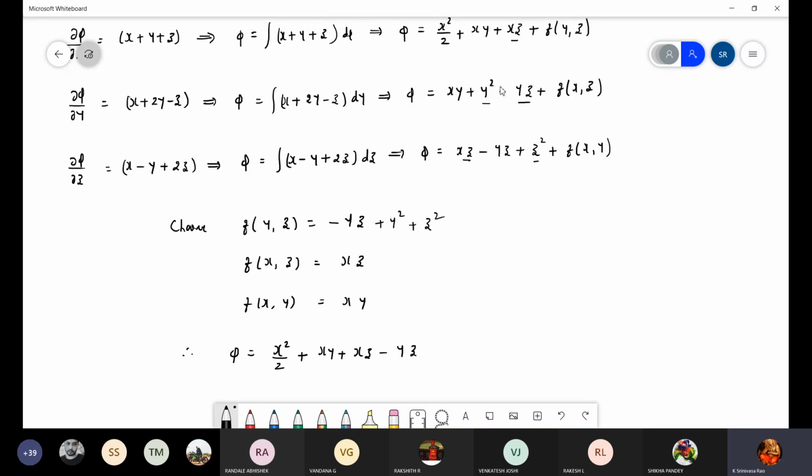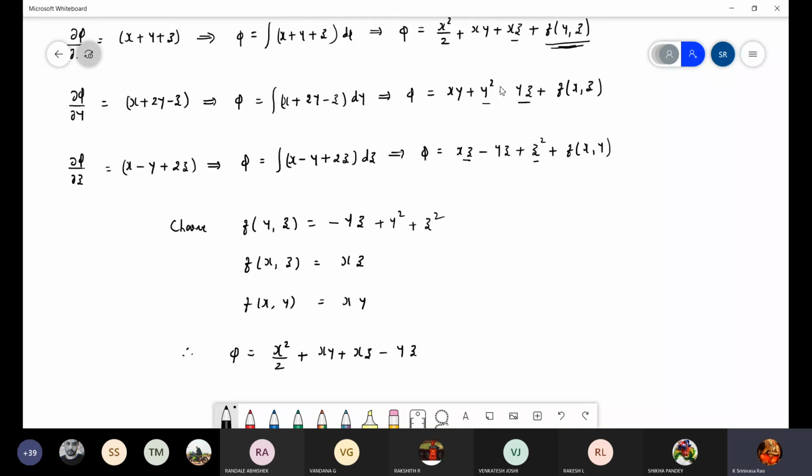You got it? See, first one, f of y comma z means a term involving y and z, maybe y and z together or y and z separate. So in that case you will get yz also. You should take minus yz as well as y square as well as z square.